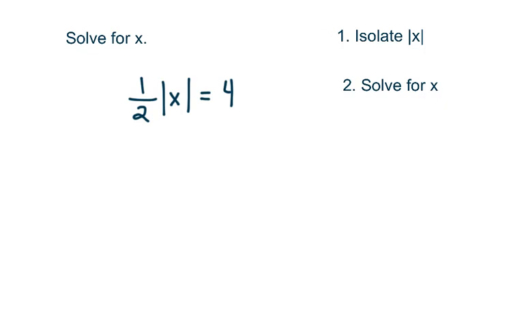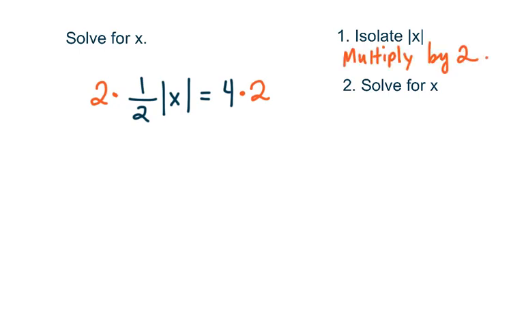So how do we isolate the absolute value of x? Well, what I need to do is figure out how to get rid of this fraction on the left-hand side. The way I'm going to get rid of the fraction is I'm going to multiply the entire left side of the equation by 2, and whatever I do on the left side, I also have to do on the right side. So I'm going to multiply both sides by 2.